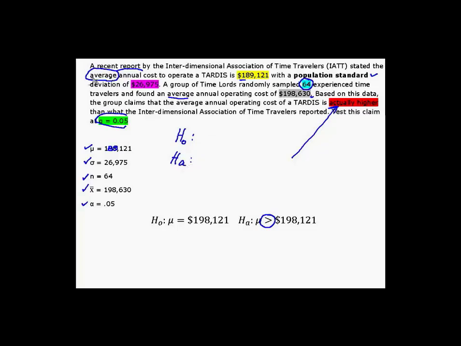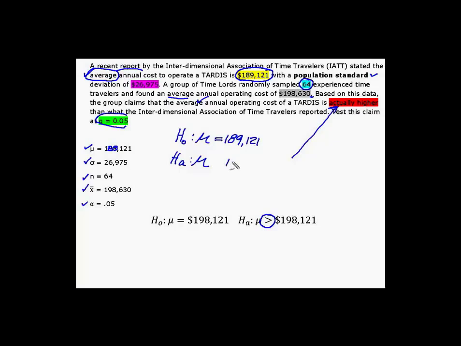So because we were talking about the average, we knew that this was going to be mu, and I knew that this was going to be equal to the value that we believe to be the case right now before we collected our data, and that was the 189,121.